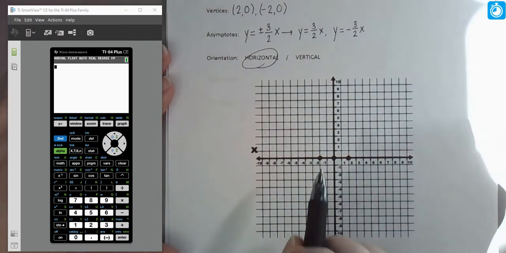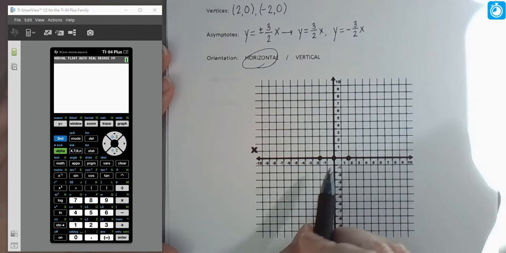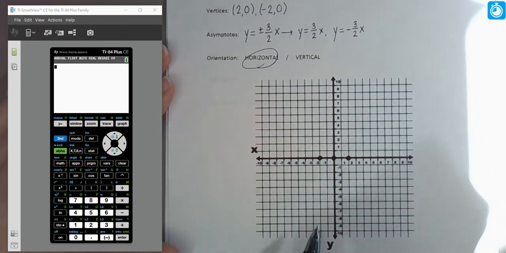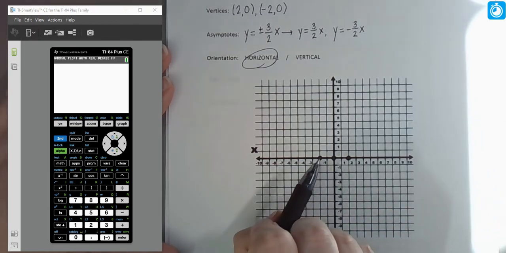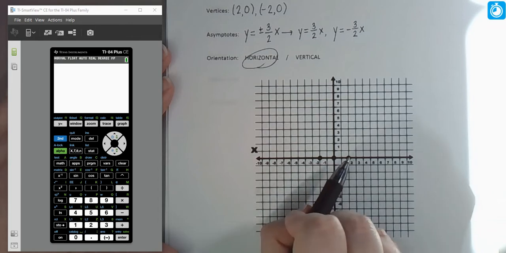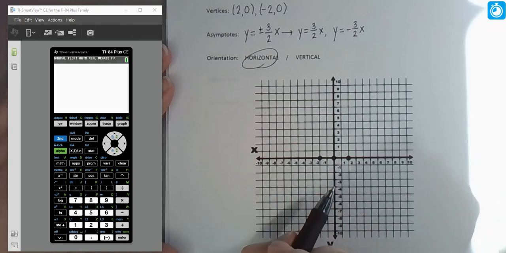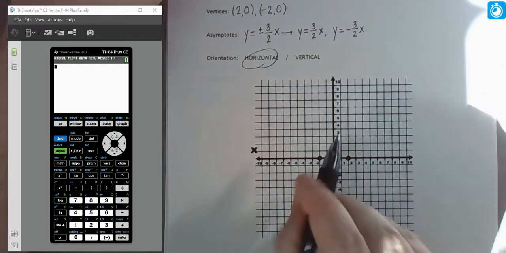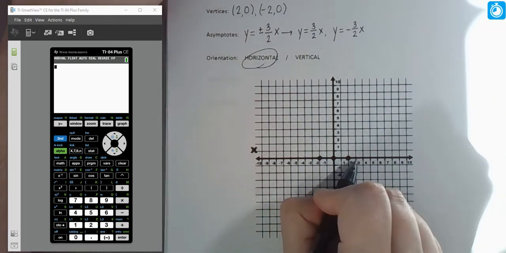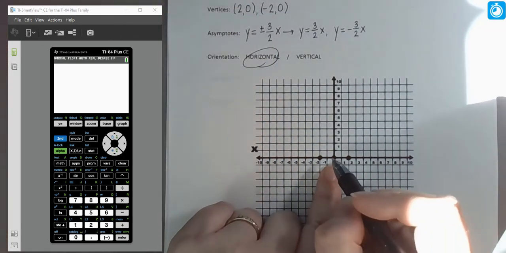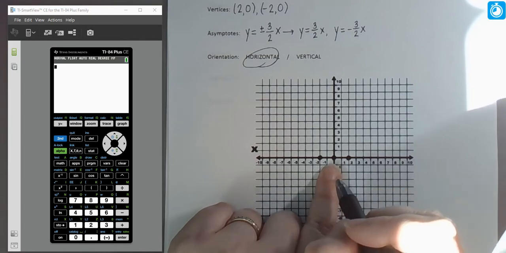So the box method says, centered here at the center, we want to draw a rectangular box around the center that's 2a units wide, and in this case 2b units tall. So we already have the width of the box because we already have a units distributed in either direction.